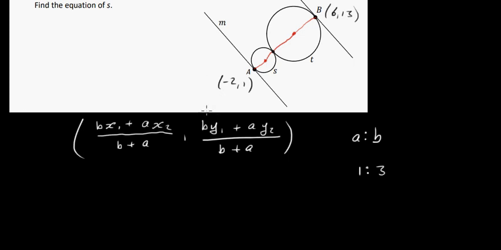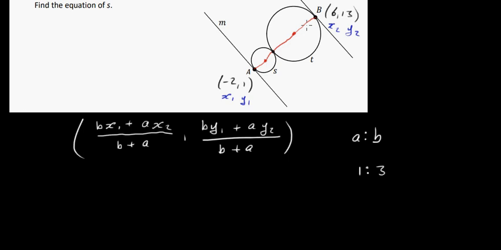This is x1, this is y1, this is x2, and this is going to be y2 here. So just make sure you don't get these the wrong way around. Remember, we have 1:3, so this is 1 here and this is 3 here.